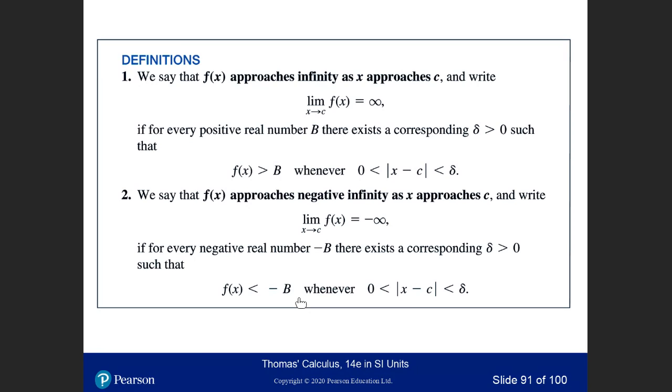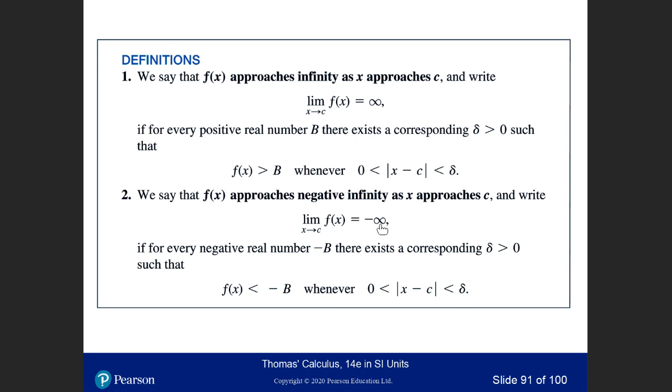But since it's a negative number, we say it's less than minus b. So if b is 10,000, my function will have values less than minus 10,000. It might have minus 12,000 or minus 13,000. So that tells me that if I can find this interval, then the limit as x approaches c of f of x is minus infinity.